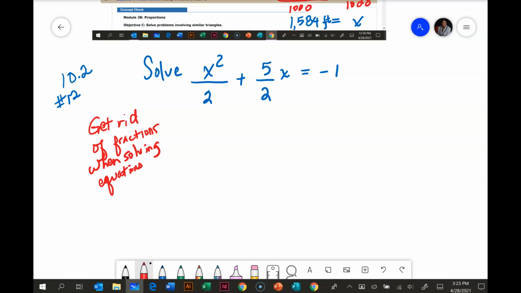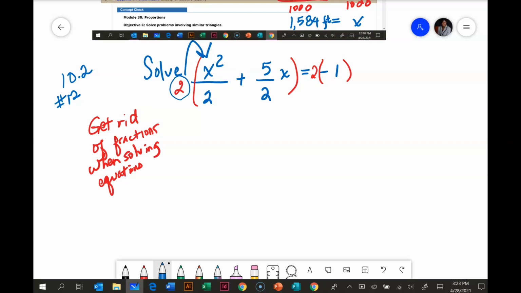Alright, so notice that the LCD is 2. So we're going to multiply both sides by 2. And we're going to get, notice if we distribute on this side, if we multiply 2 times x squared over 2, what will cancel out? The 2's will cancel. I'm not going to cancel it or you'll think that the 2's are gone. This 2 will always be here, right?